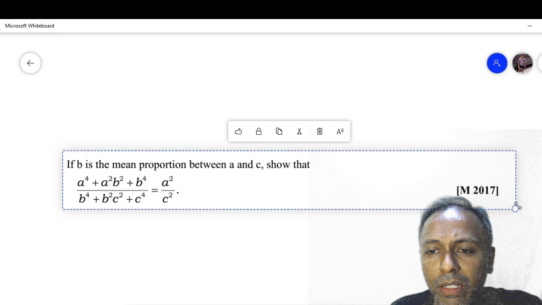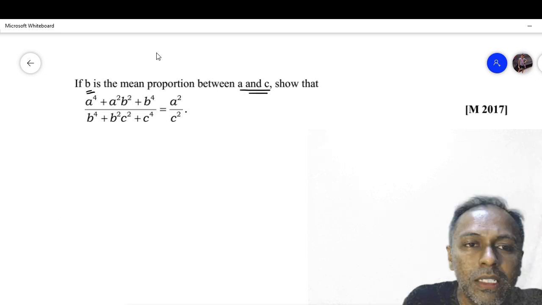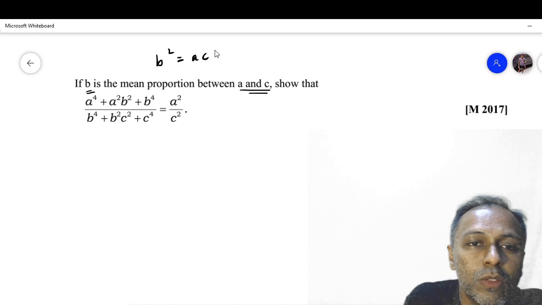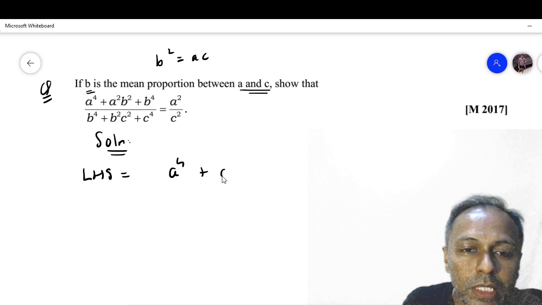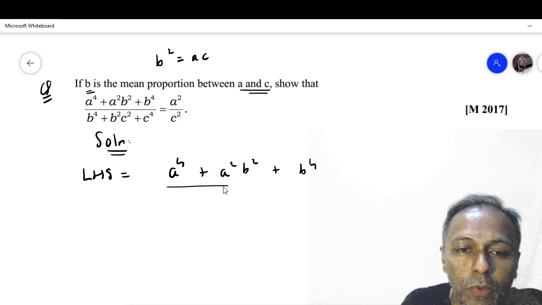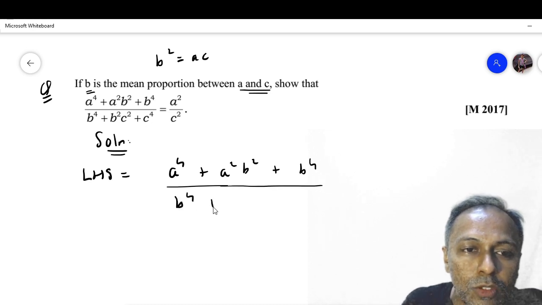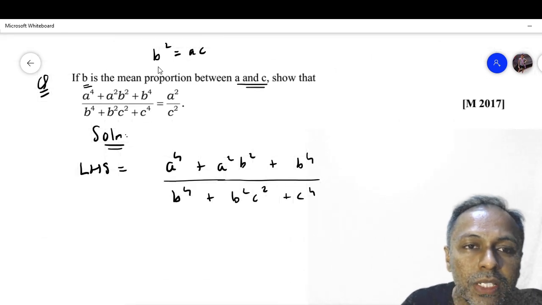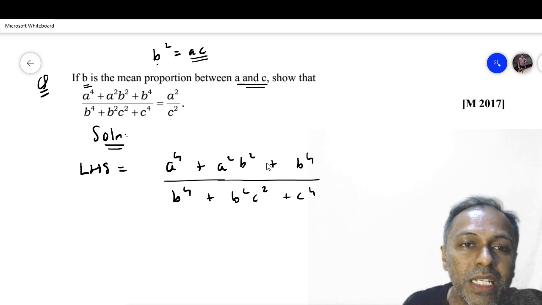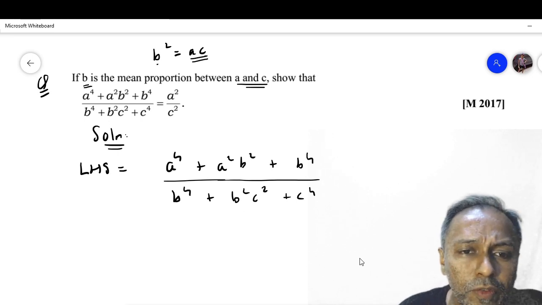When they say B is the mean proportion between A and C, it means that B square is equal to AC. This is given to you. So let's begin our solution and let's copy our left hand side again, which is A raised to 4 plus A square B square plus B raised to 4 upon B raised to 4 plus B square C square plus C raised to 4. Wherever you find B square, you can substitute it as AC instead of K method.